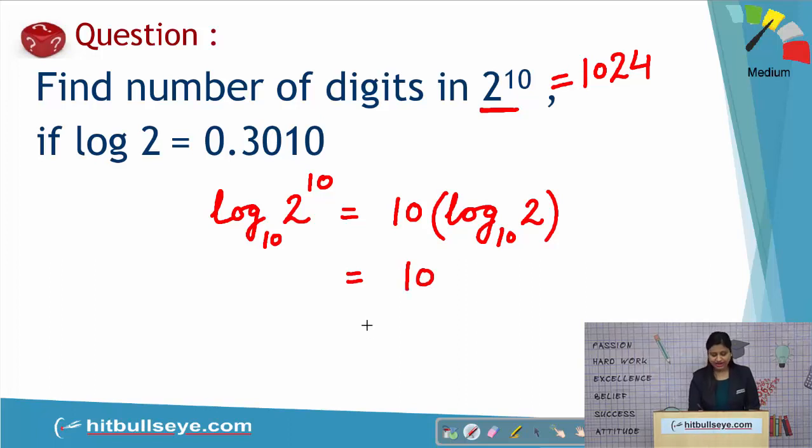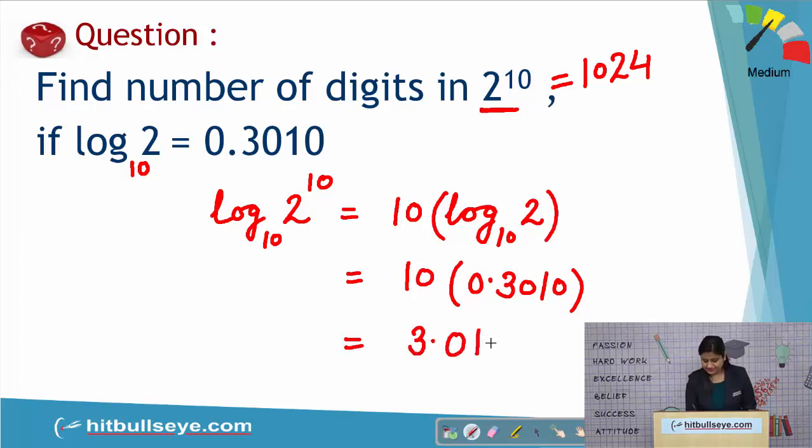And log 2 value that is given, again, if nothing is mentioned in the base, it is advisable to take base as 10. Now its value is given as 0.3010. Calculate the final expression, which comes out to be 3.010.